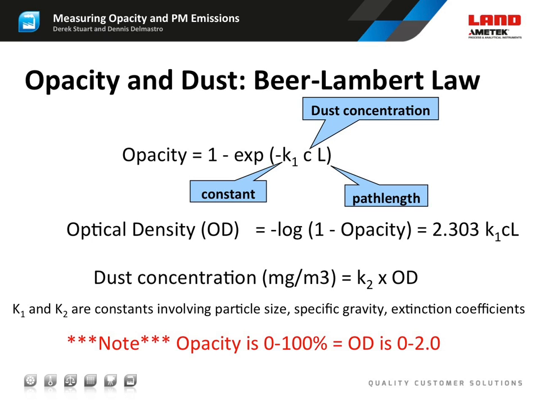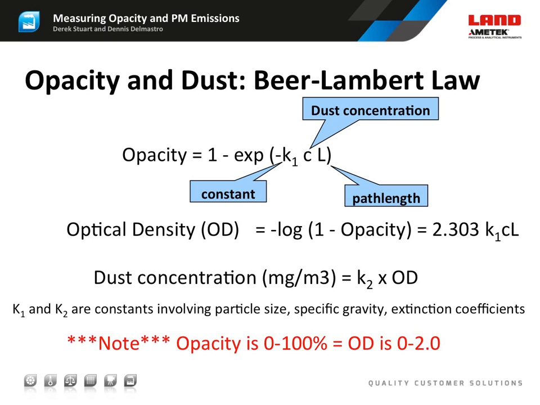Being that there is an exponential function, it is easier to use another term called optical density since it is related to opacity. Therefore, optical density is equal to 2.303 times K times C times L.